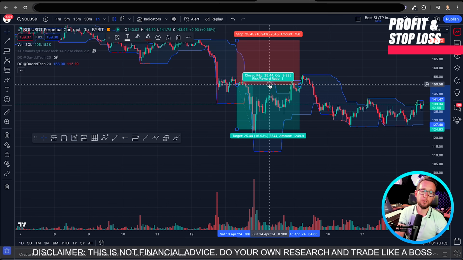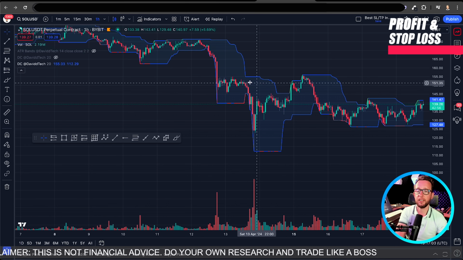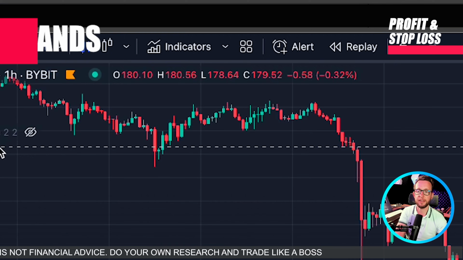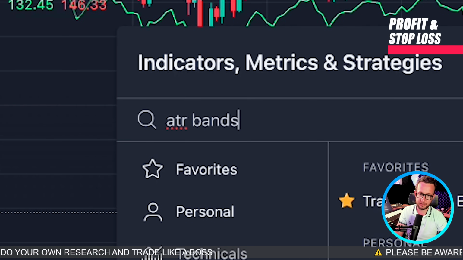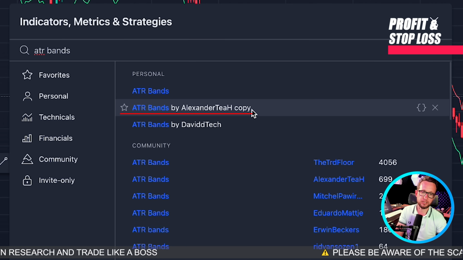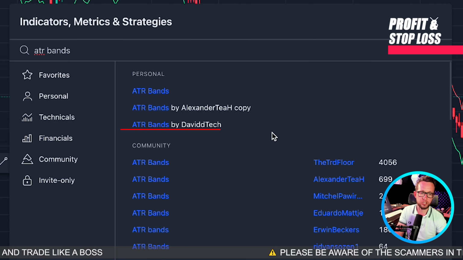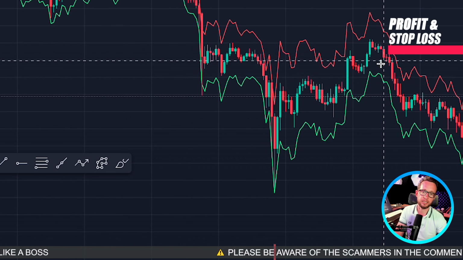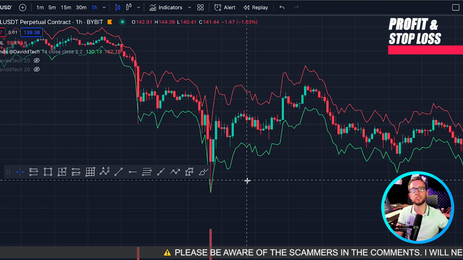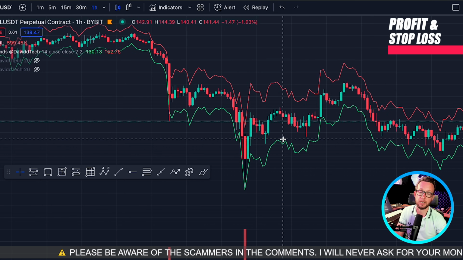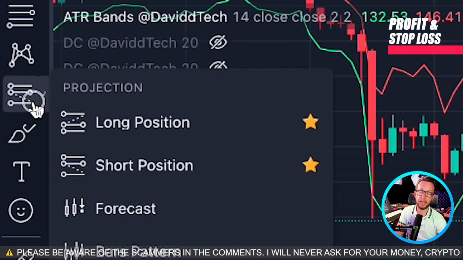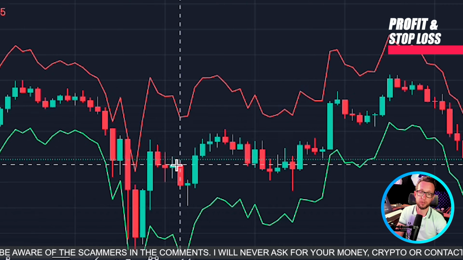And my final indicator of the set, you're going to guess it, it's going to be the ATR bands indicator. ATR bands. It's this one here by Alexander TH. I have my own version which inverses the colors. It adds this here, which helps us to choose local volatility for setting our stop losses and take profits. I think it's much better than any other way of setting your stop loss and take profits.